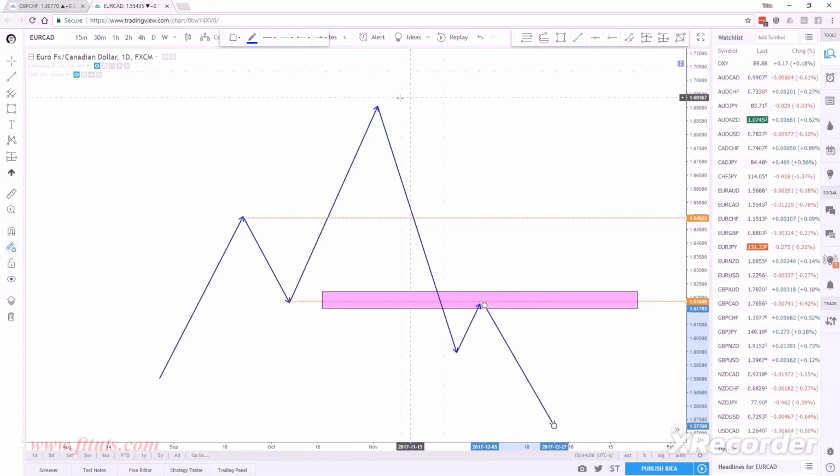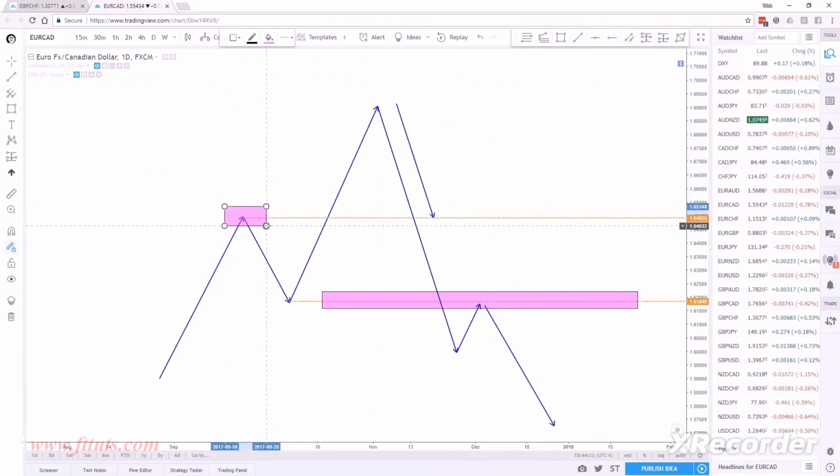Because again, a lot of times if we get pulled back to this level, to this most recent higher high, this is usually more of a Fibonacci retracement that's going to continue that uptrend. That would be just a new higher low.